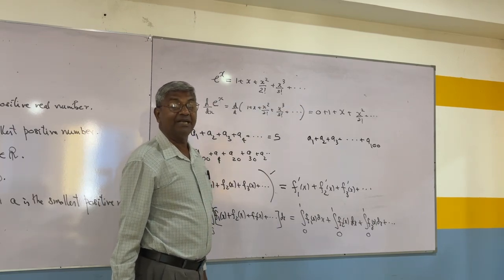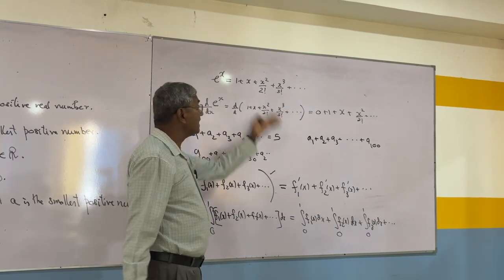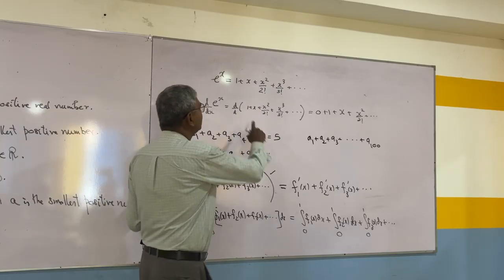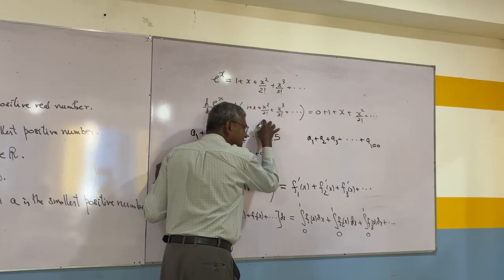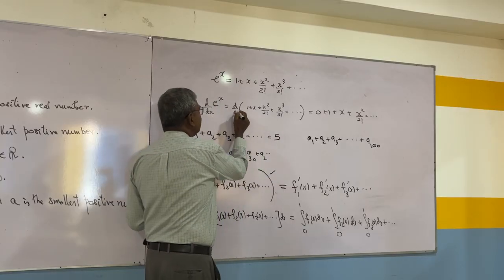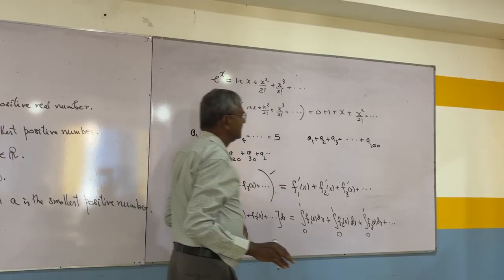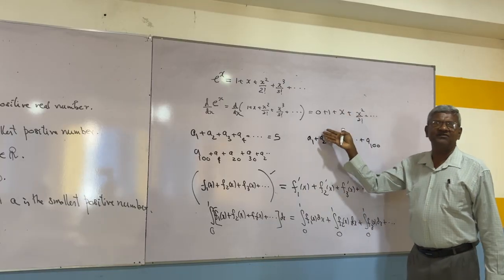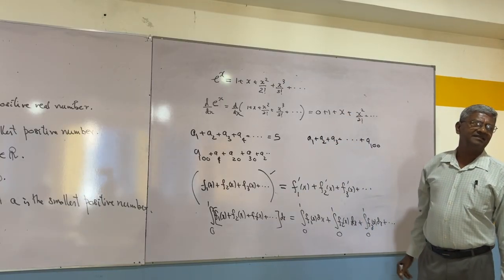But he hasn't proved anything. You didn't ask, sir, why, how come, how do you know? You see what I'm trying to say? Here we have to add first and then differentiate. Here we are differentiating first and then adding.